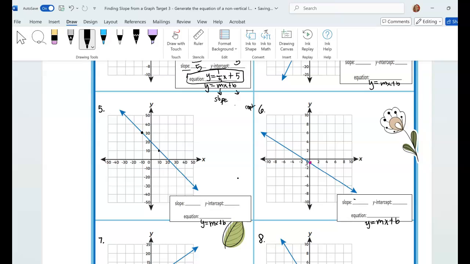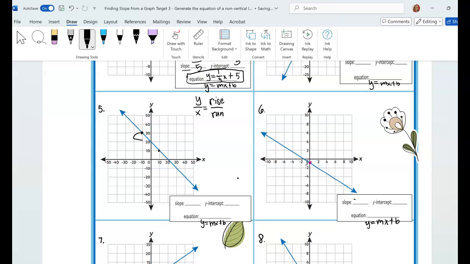So I'm going to erase this so I can work. I need some more room. The change in y over the change in x, or rise over run. Okay, well, students, it looks like number 5 may be negative because we're going down. 1, 2, 1, 2.